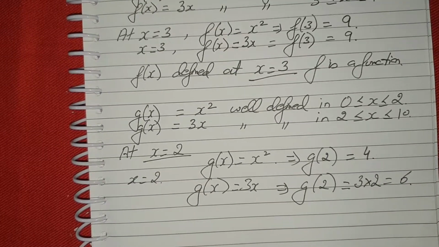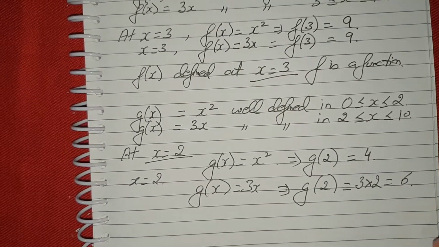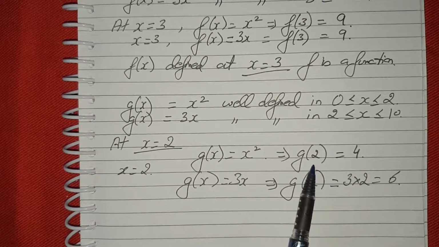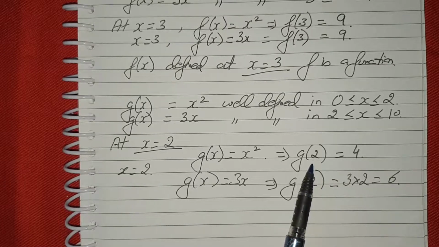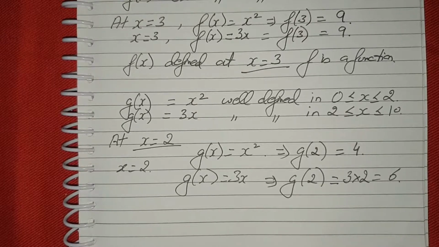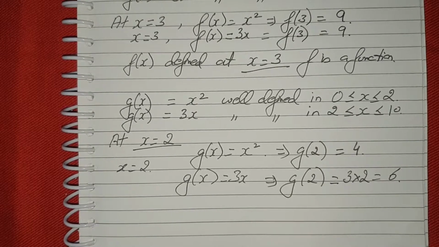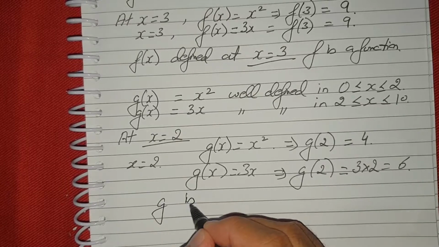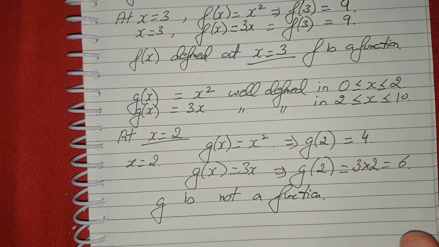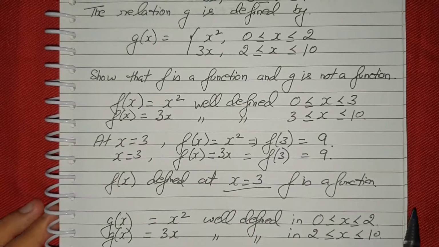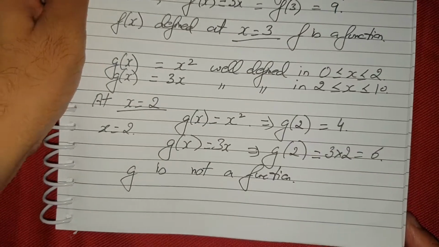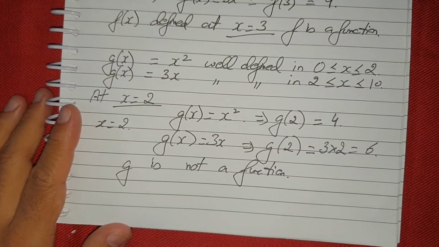Now see, that's what is here: 2 has an image 4, and 2 has an image 6. So it doesn't have a unique image, it has two images. Hence g is not a function. Why was f a function? Because it has a unique image, which was 9 at 3. This is not a function because at 2 it has 4 and 6.